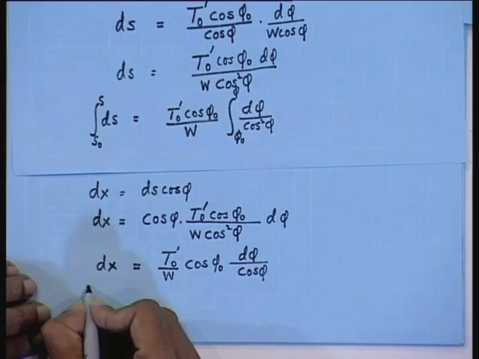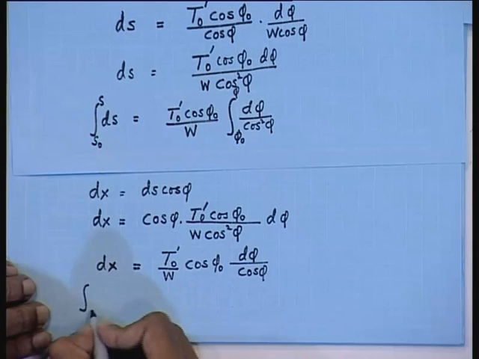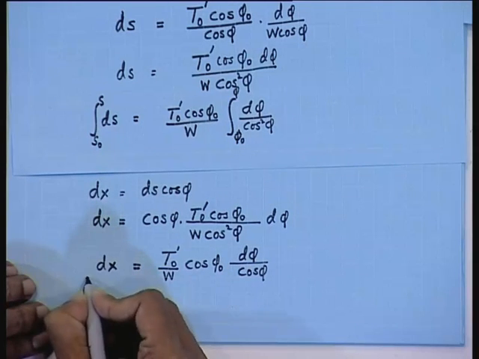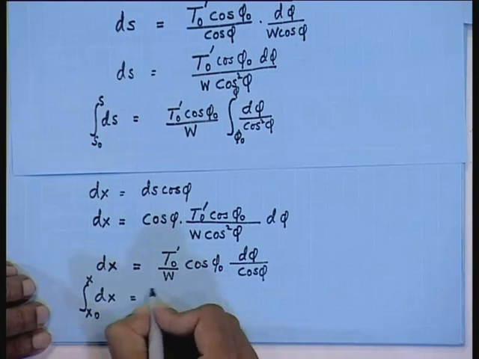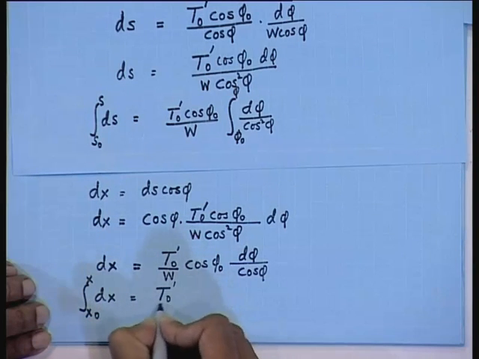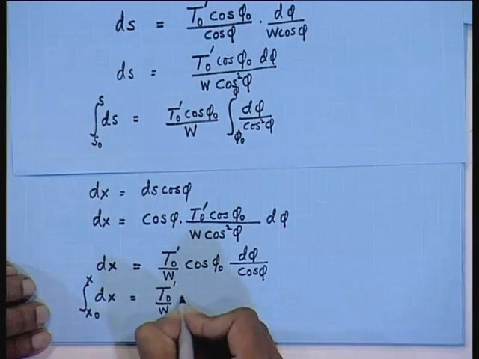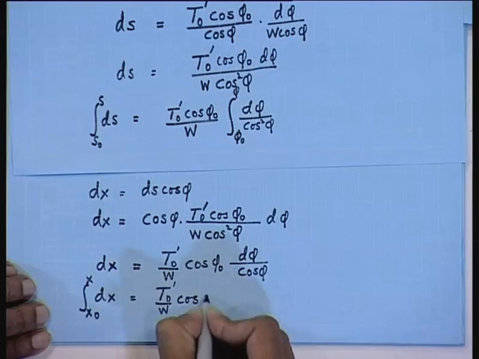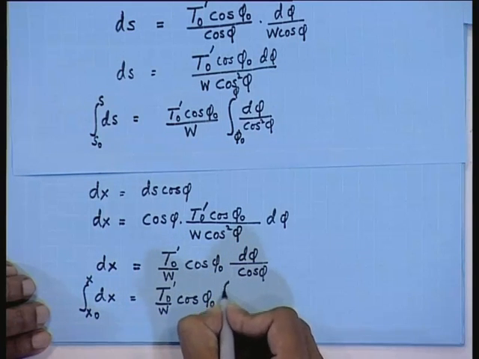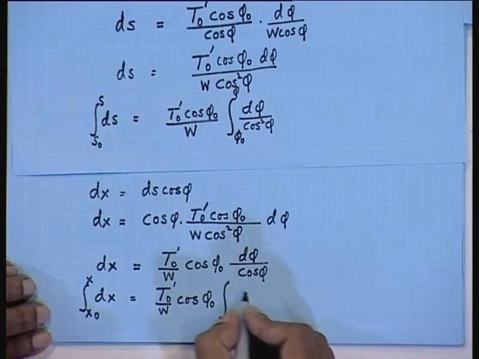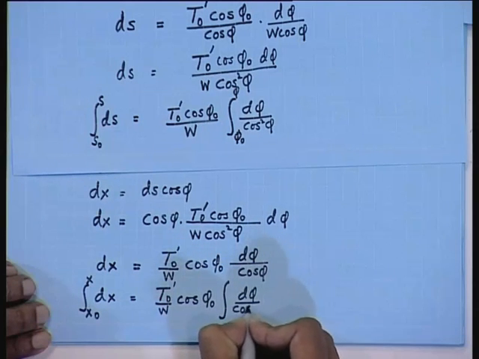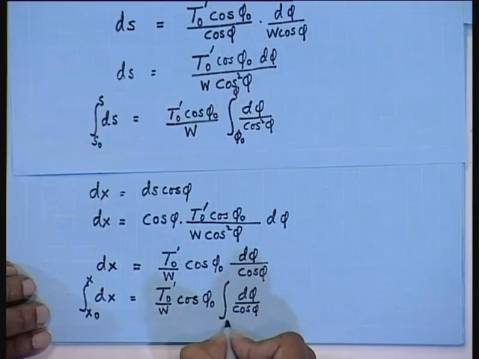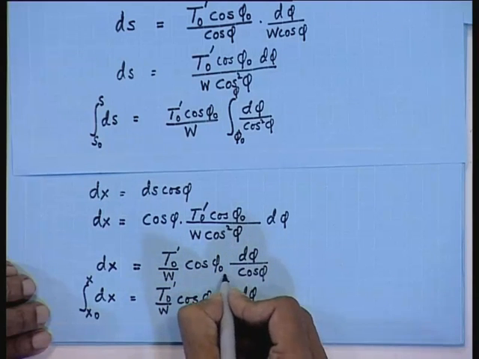So we can write it in this form: x minus x naught, that is dx, will be T prime naught over w cos phi naught, and you integrate this expression d phi over cos phi from phi naught to phi.